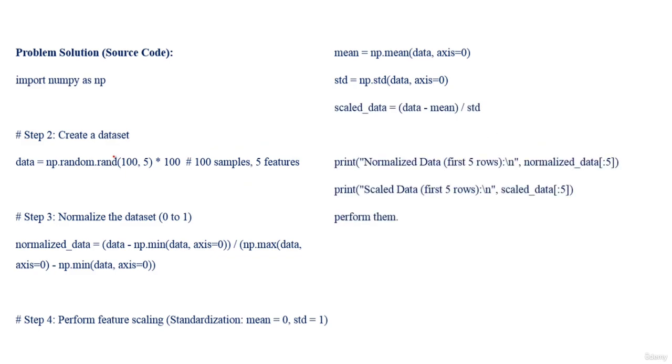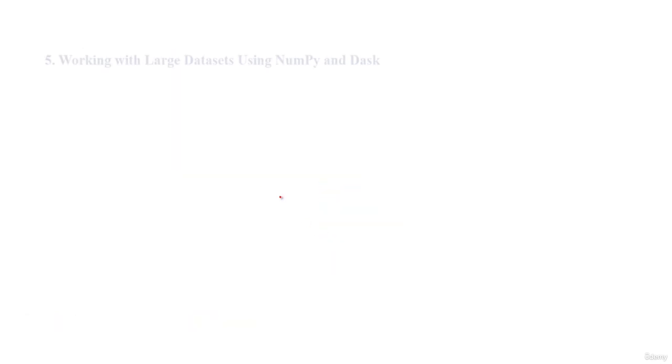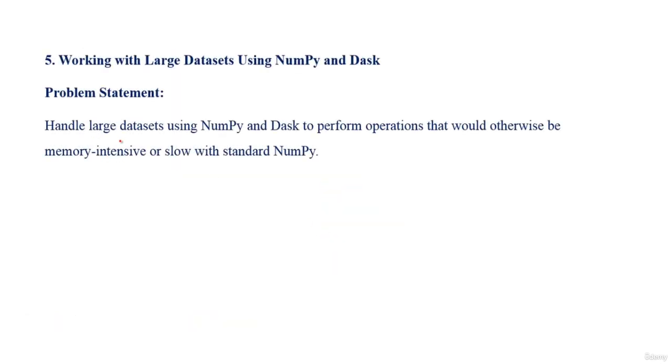Actually you can see that in the first step, importing NumPy. Second, create a data set using NumPy. Normalize the data set. In the first step, perform feature scaling, standardization, mean value 0, standard deviation 1. Lastly, you have to show the result. Fifth problem statement is to handle large data sets using NumPy and Dask to perform operations that would otherwise be memory intensive or slow with standard NumPy.